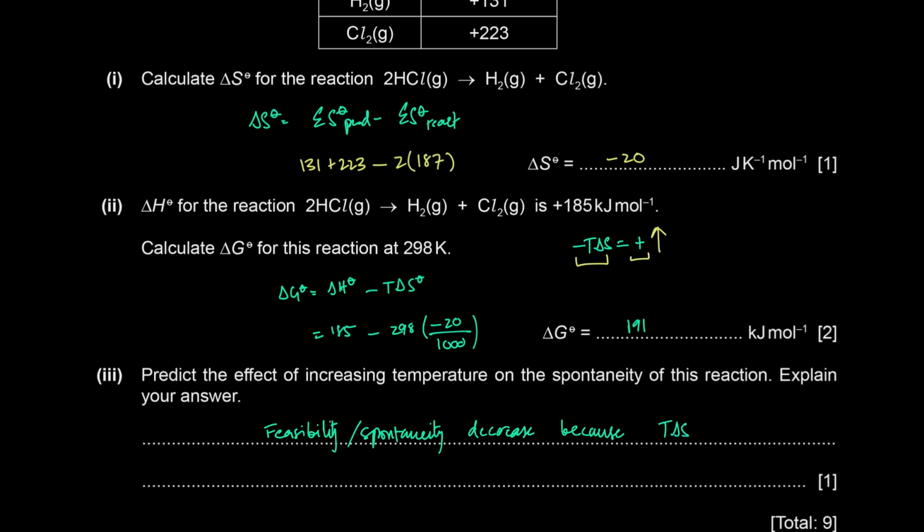T delta S is negative. Therefore, minus T delta S is positive and becomes more positive. So minus T delta S and delta G become more positive if temperature increases.